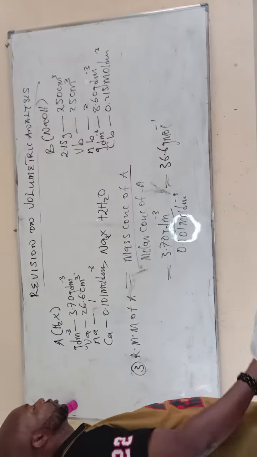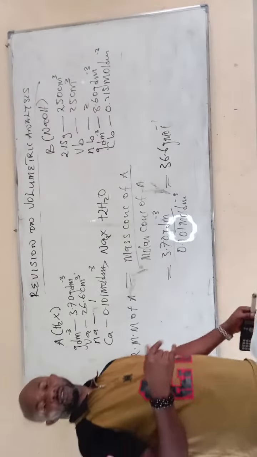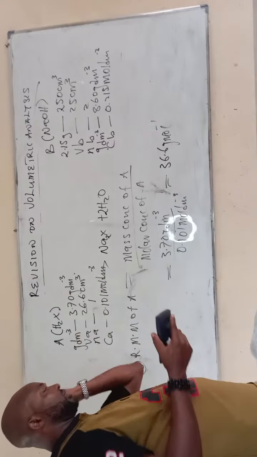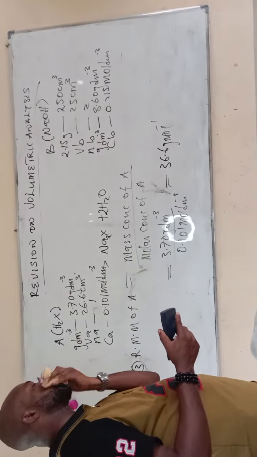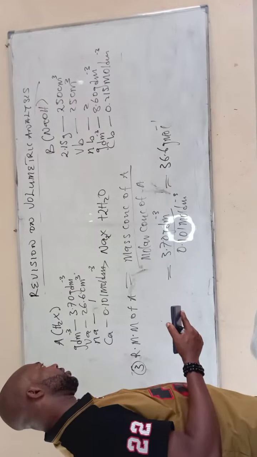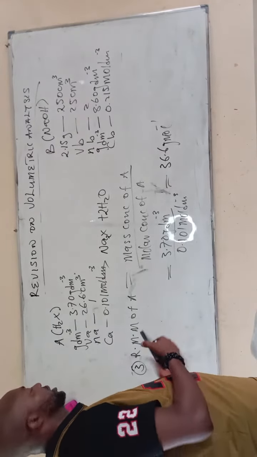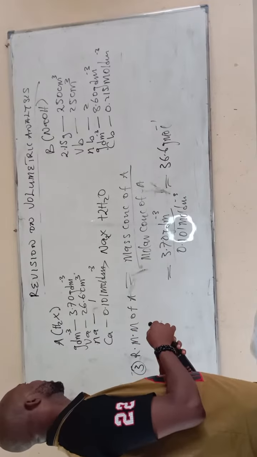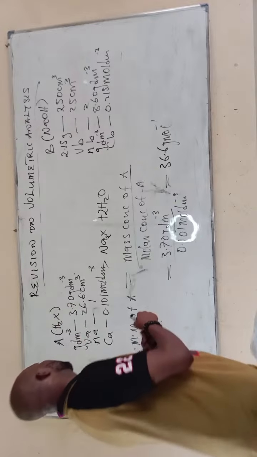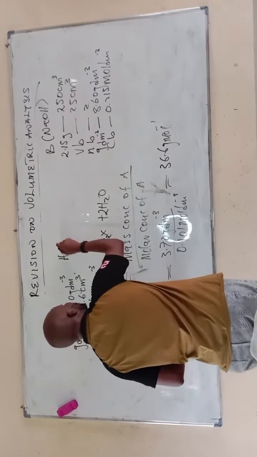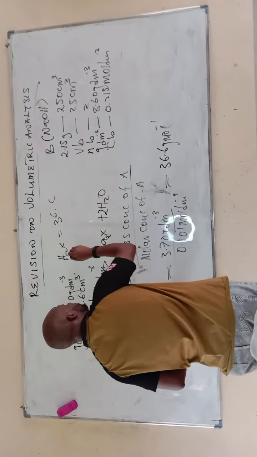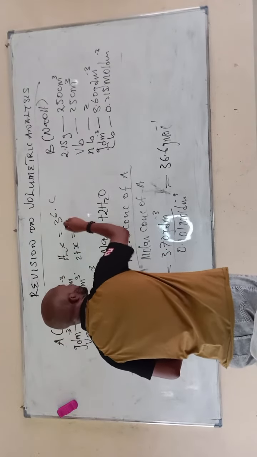So if that is true, what is X? You may be required to do that. Although it's not given here, in case of necessity, I think we'll come across questions that may require that. Now, what is X? It's simple. We say that the relative molecular mass of the acid, if A is H2X, equals 36.6, and this is 2 plus X equals 36.6.